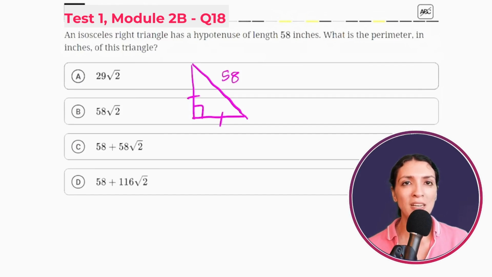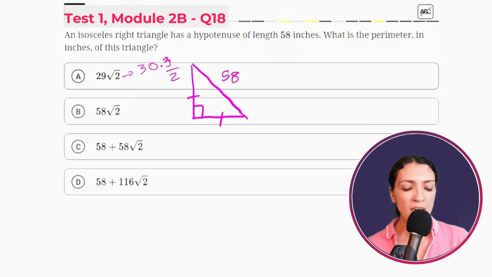We have 29 times square root 2 as choice A. Of course, you can use your calculator, but in the spirit of solving this via estimation, we're just going to go ahead and use estimation. 29 is about 30, and square root 2 is typically approximated by 1.4, but here, we're going to approximate it by 3 over 2.